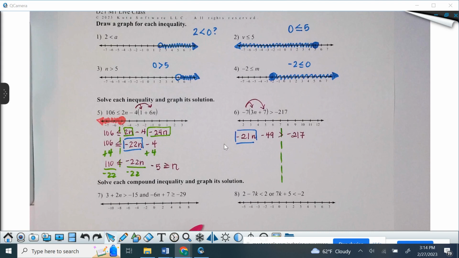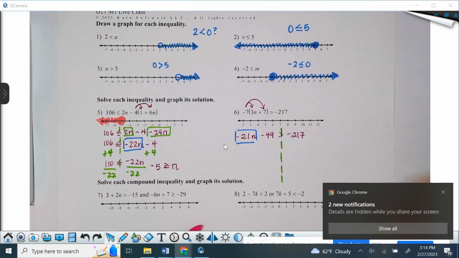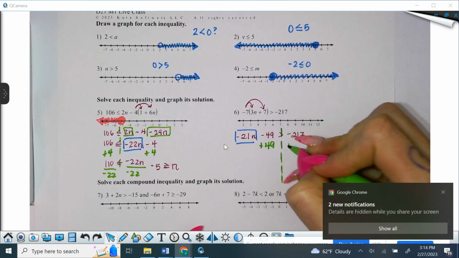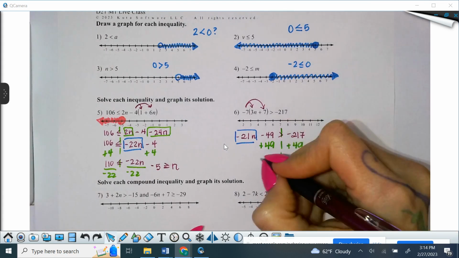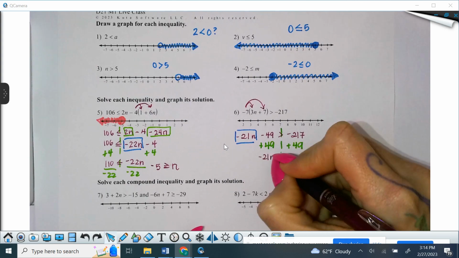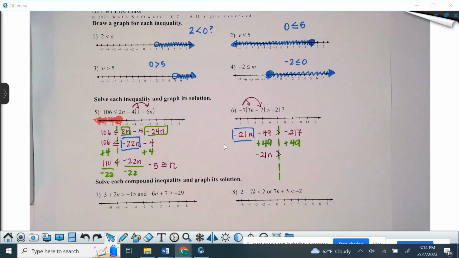So I'm going to add 49 to both sides. And then with negative 21n is greater than that 217 and 49. So I owed you 217, and then I paid you 49, which gives me, I still owe you 168.